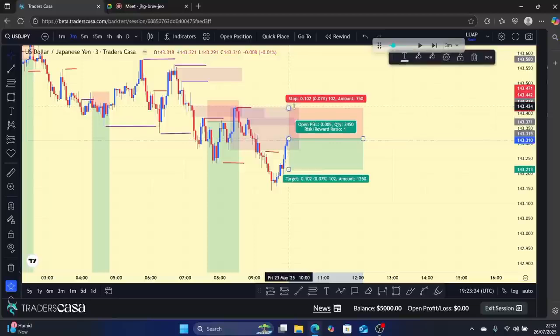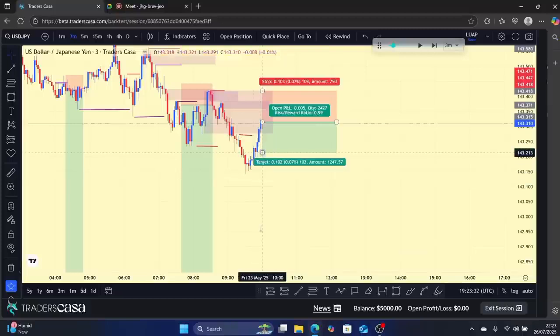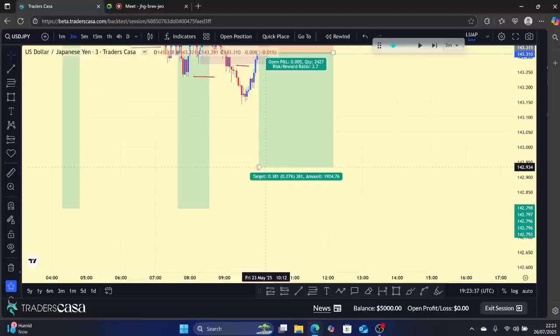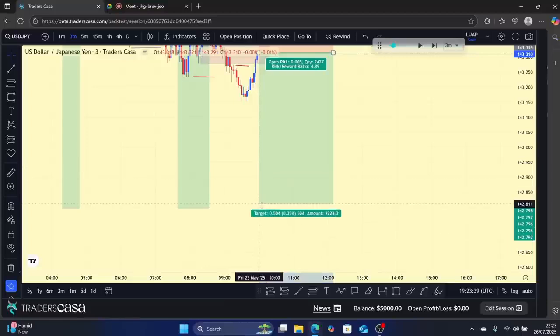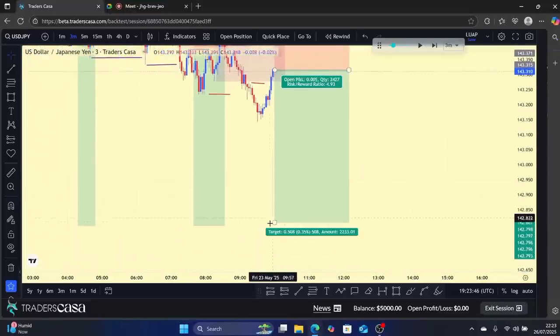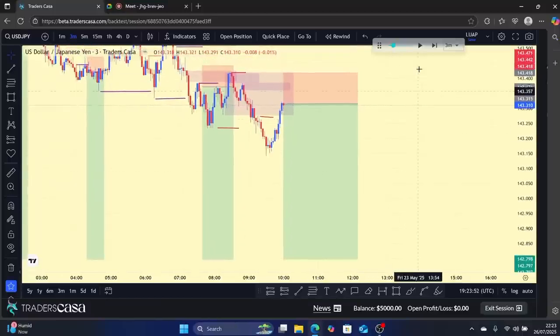Stop loss, of course, at this high, because this one here is a major inducement, and target profit, of course, at this end. Right, so this will give me a 5, I guess. You can see I just need to extend from, yeah, so that will give me a 5.